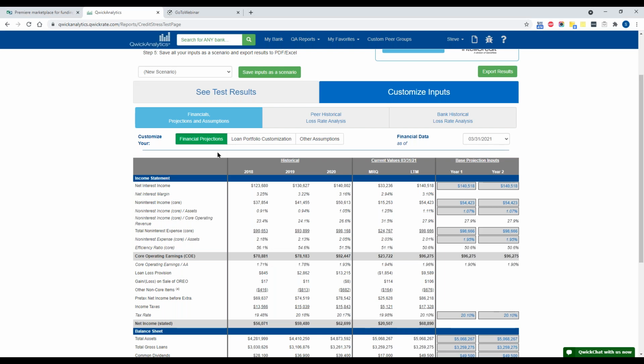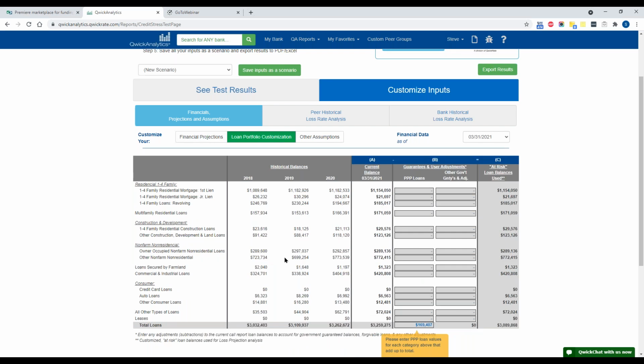However, we need to get some sort of baseline perspective or expectation from the bank, from the user, as to how they see the next couple of years going for things like net interest income, fee income and overhead expense. So we do ask for some sort of conservative, middle of the road baseline projection inputs that you'll see how they integrate into the tool as we move along here.